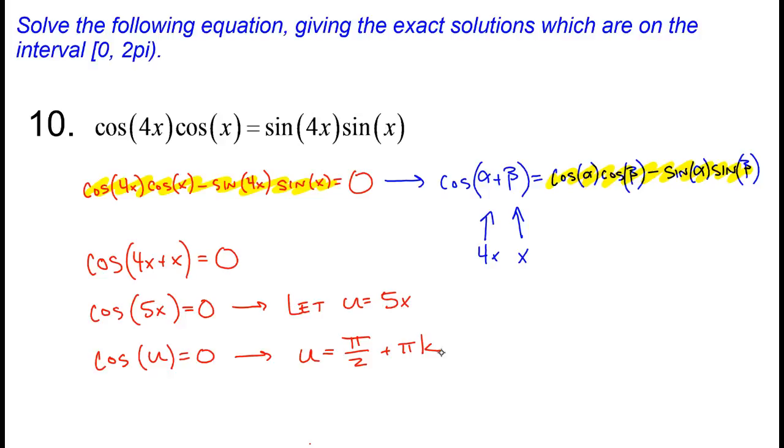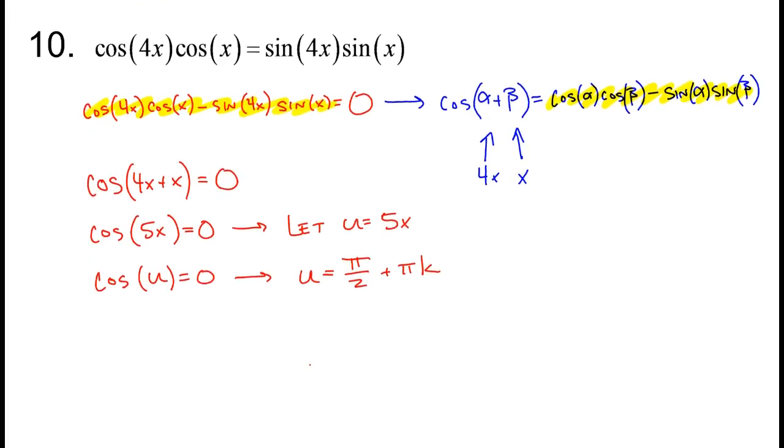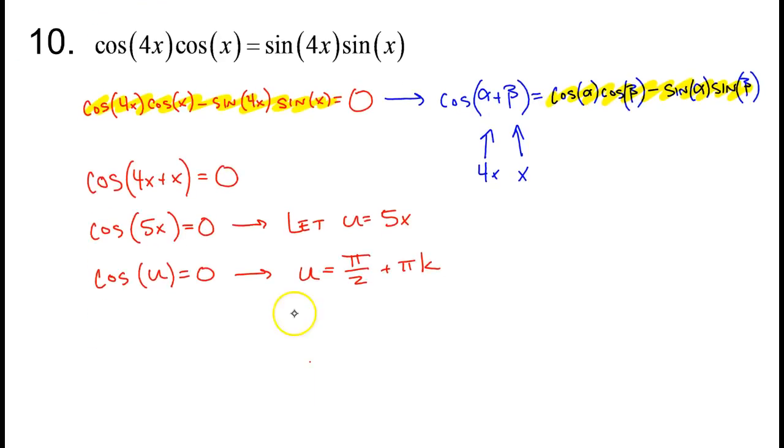So now we're going to go back and substitute in 5x for u, and we get 5x equals pi over 2 plus pi k.